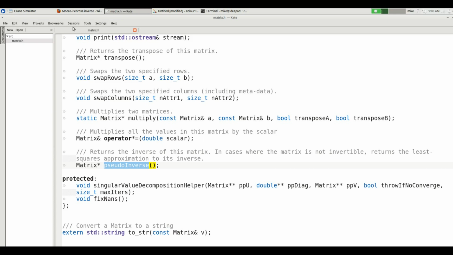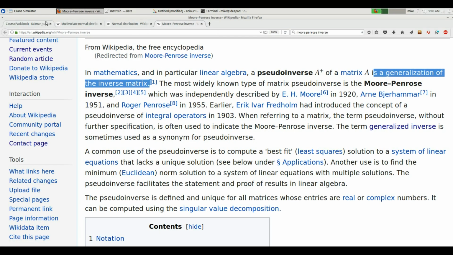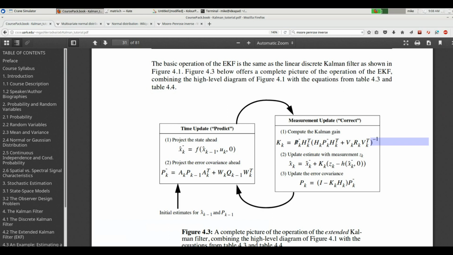As it happens, in the Kalman filter, this product is always invertible. Therefore, you should be able to use Gaussian elimination or your own favorite matrix inversion technique to do this.